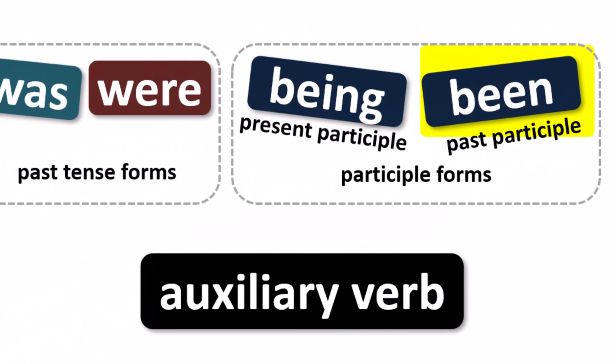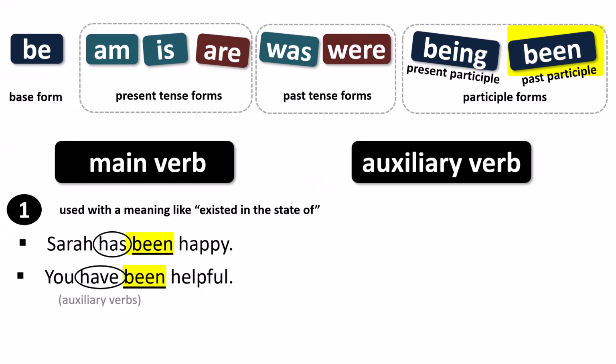Notice that the auxiliary verb with being is a form of the verb to be, but the auxiliary verb with been, the past participle, is a form of the verb to have. These auxiliary verbs are also the finite verbs in these sentences, the ones that tell us the tense.